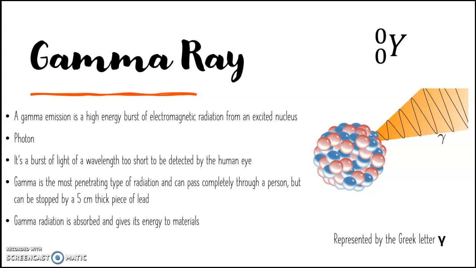It is the most penetrating type of radiation and can pass completely through a person, but it can be stopped by a 5-centimeter thick piece of lead or a really thick concrete wall. Gamma radiation is absorbed, and it gives its energy to materials that absorb it, such as heating them up or causing chemical reactions within them to occur.